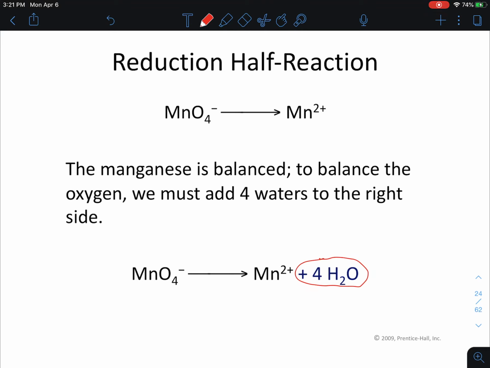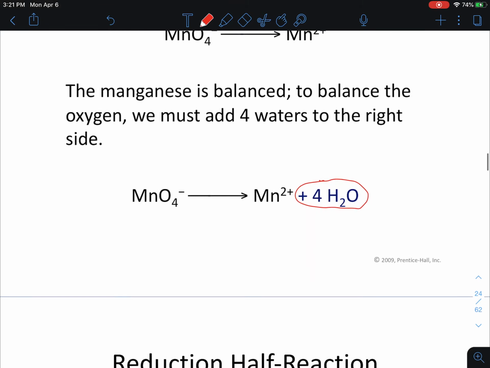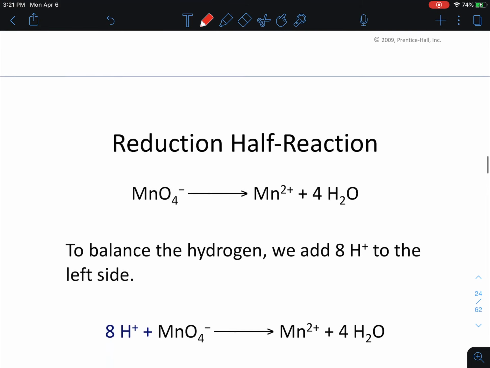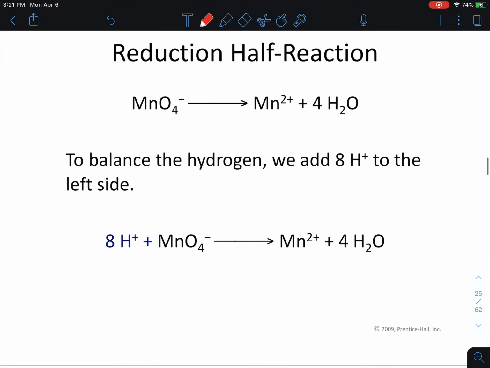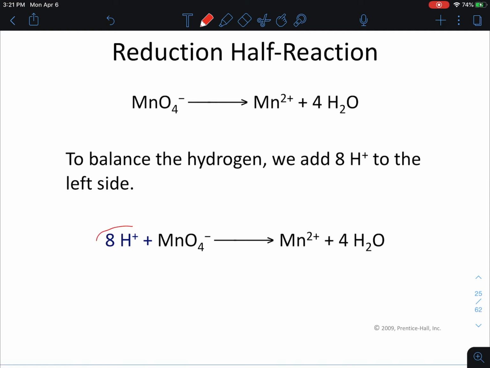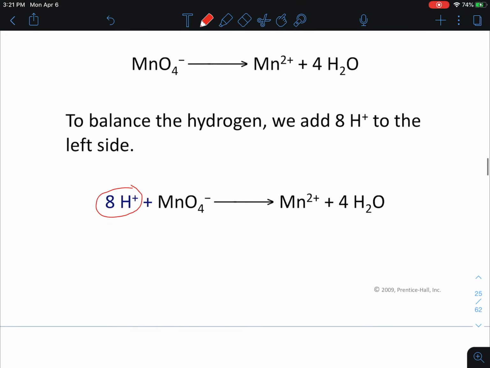So we balanced out oxygen by adding 4 waters to the right-hand side, but by doing that, we also unbalance the hydrogens. So we'll make up for that here by adding 8 hydrogens to the left side, right? It's 4H2O, so that's 8 hydrogens. So now we're balanced in terms of hydrogens.